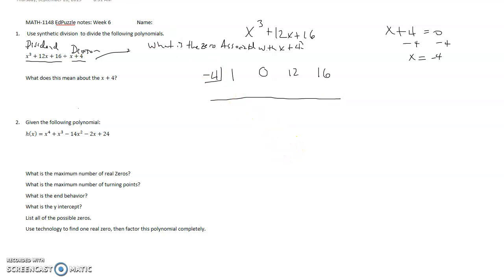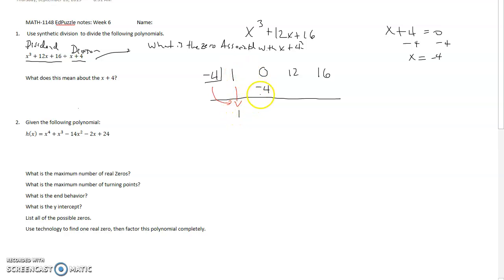Now the process of synthetic division is we are going to bring our first number down, then we're going to multiply. So I'm going to bring the 1 down, and then we're going to multiply -4 times 1, which gives us -4.